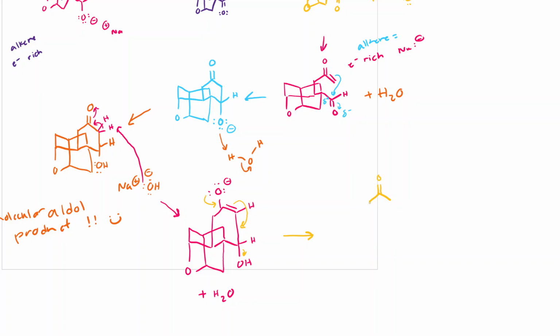But because we're working with an enolate and enolates are special cases, we actually have the ability to kick out the hydroxyl. And the hydroxyl that we kicked out is just going to go with our sodium ion. So the charges neutralize, and this is kind of a catalyst.